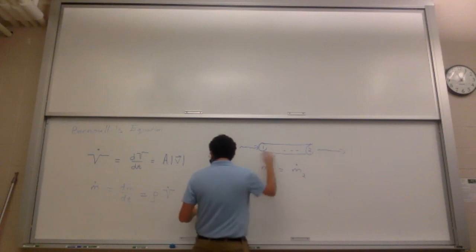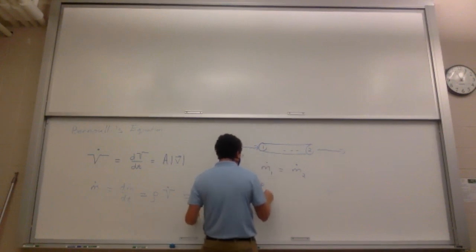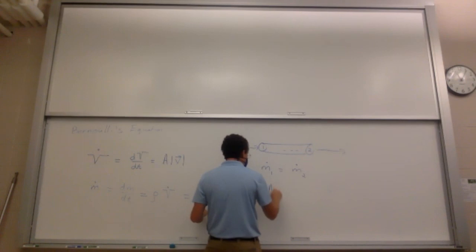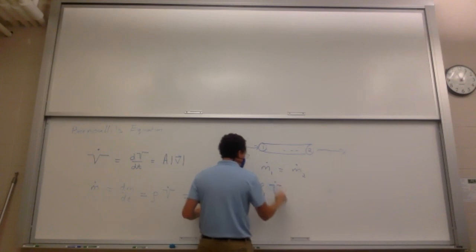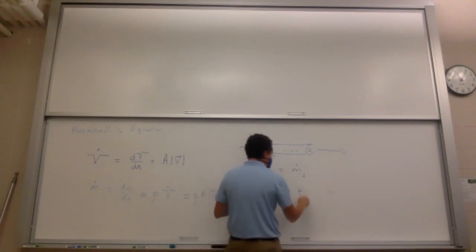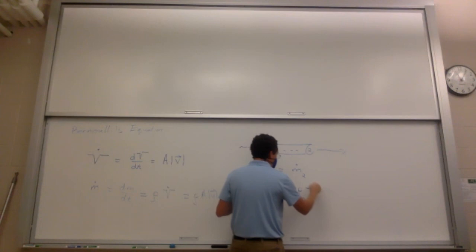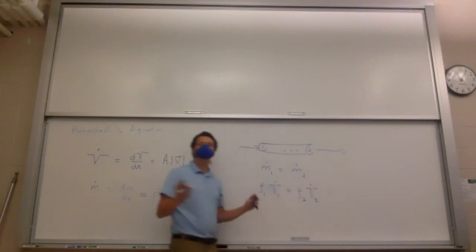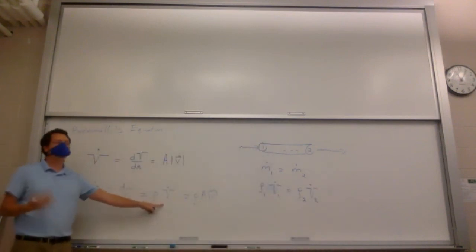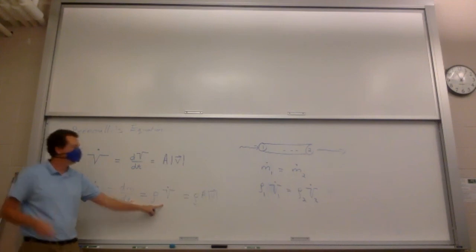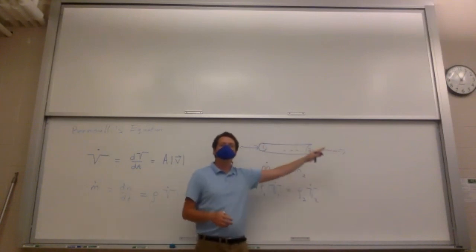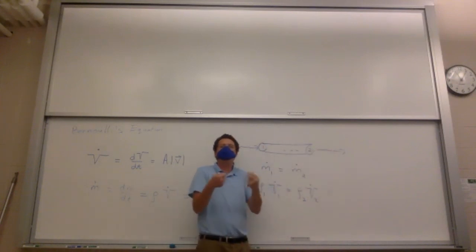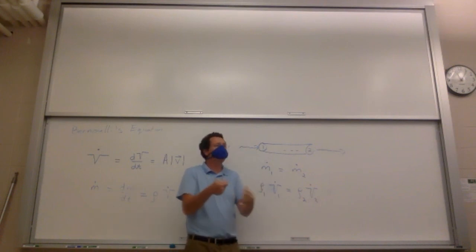Now, just write this down. This is going to mean the density on the left times the area on the left times the speed, which is V dot on the left, must equal the density on the right times V dot on the right. That's just using the definition. I'm not doing anything, I'm just defining things. But now what I said was, if the density is uniform everywhere, and it's incompressible, so it can't change, because changing the density would mean somehow compressing things or stretching things.